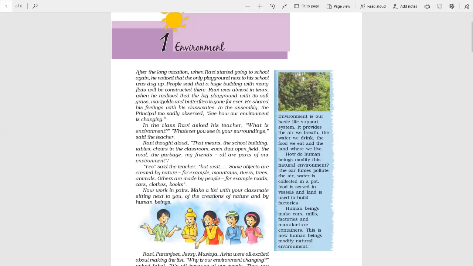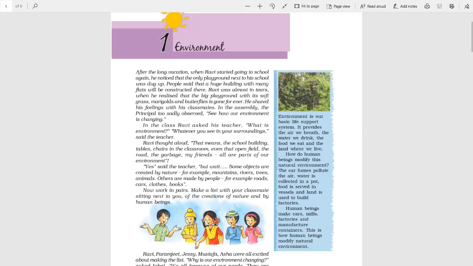"Why is our environment changing?" asked Iqbal. "It is all because of our needs. They are increasing day by day. We are therefore modifying and at times even destroying our surroundings," the teacher replied.